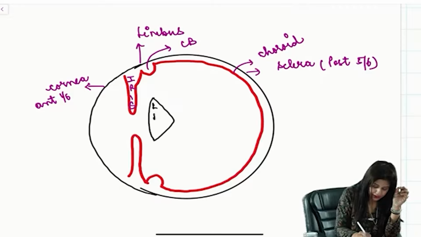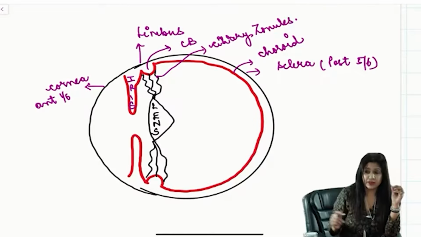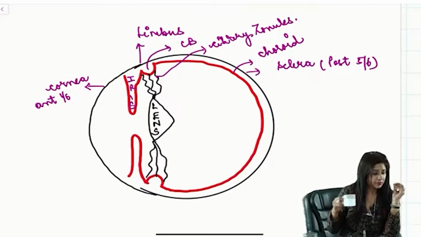See, something like this is the lens, and this lens is held by the ciliary zonules like this. These are the ciliary zonules which are holding the lens in its position.